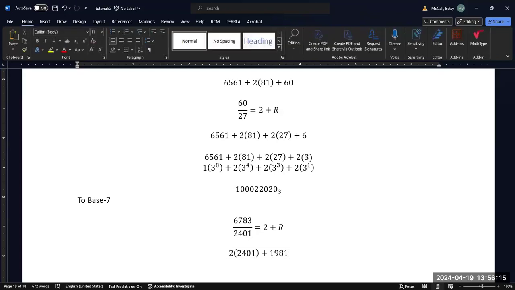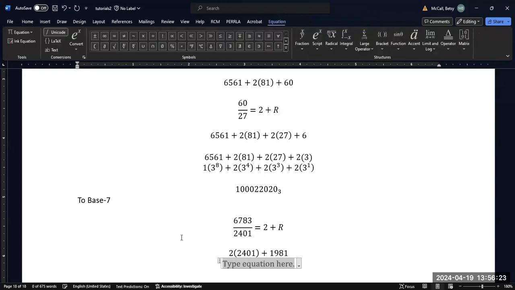And so now I need to go down to 343, which is 7 cubed, and I want to figure out how many times 343 divides into 1981, and I get 5 and change.